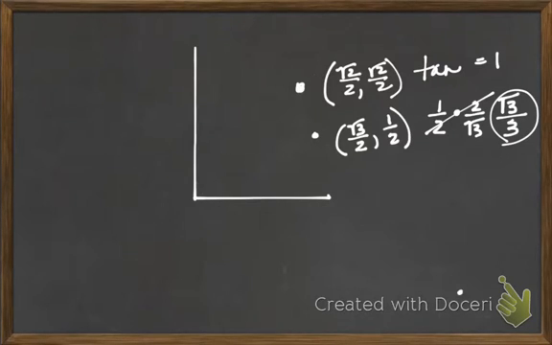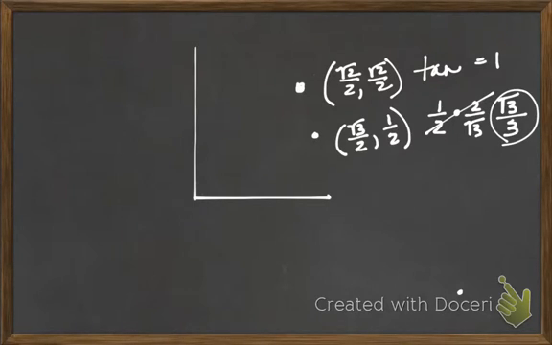So when you're doing 1/2 divided by square root of 3 over 2, your tangent value is always either positive square root of 3 over 3, or if you were down here, negative square root of 3 over 3.